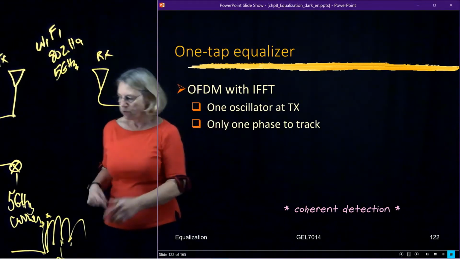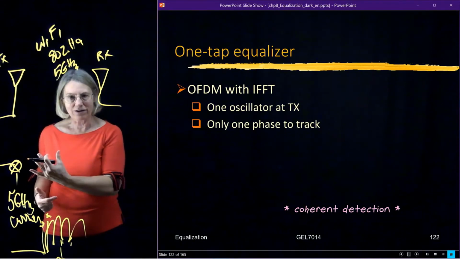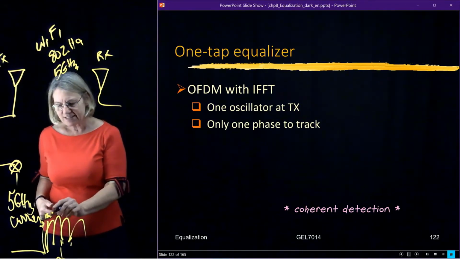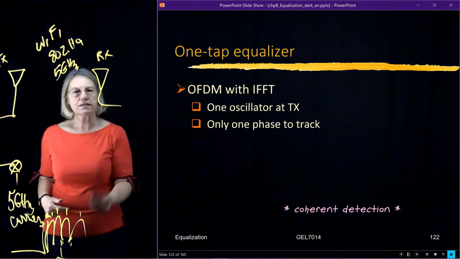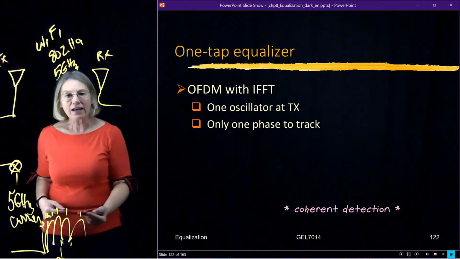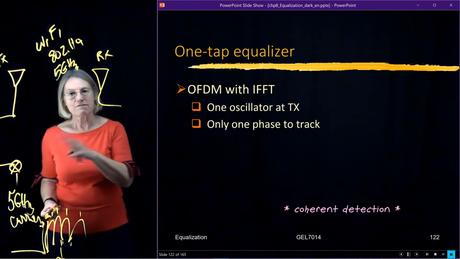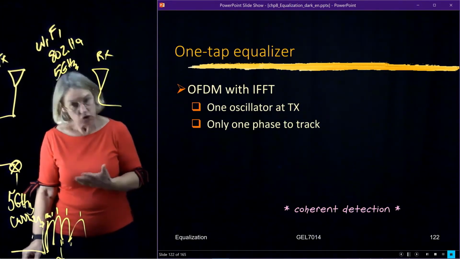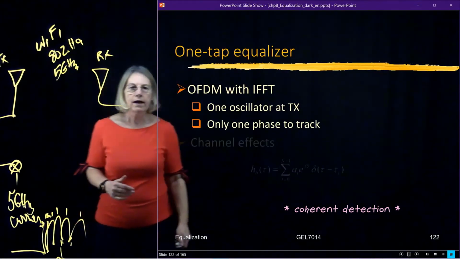But the important thing is that when I send this transmission, there's one physical oscillator, which is at 5 gigahertz, the center frequency. There's not a separate oscillator for each one of these subcarriers. So that means there's really only one phase that I have to track, which is physically varying. So that's good. That keeps the complexity down.